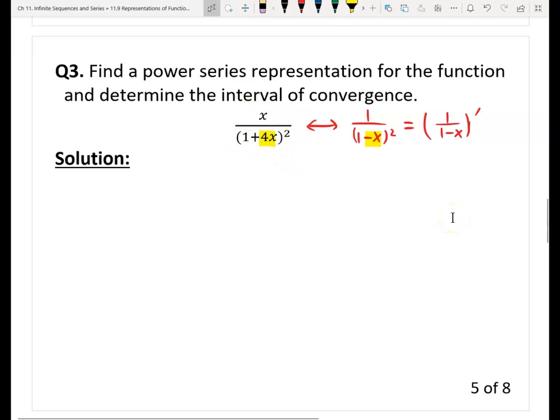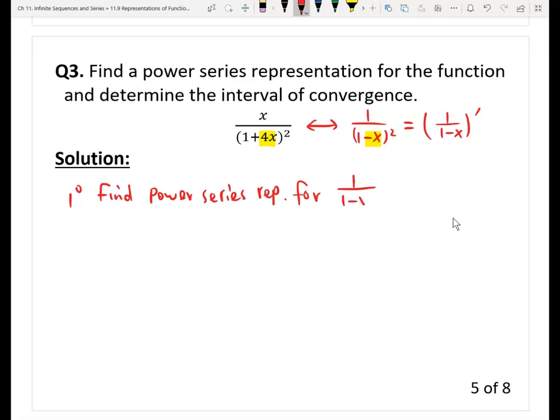Let me go to the first step. We need to find the power series representation for this function, 1 over (1 minus x) squared. How? All we need is term by term differentiation, right? 1 over (1 minus x) squared equals the derivative of 1 over (1 minus x).